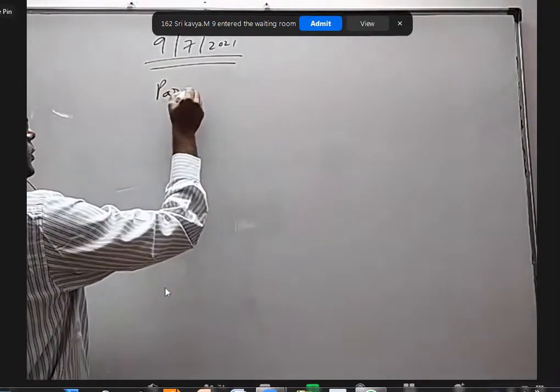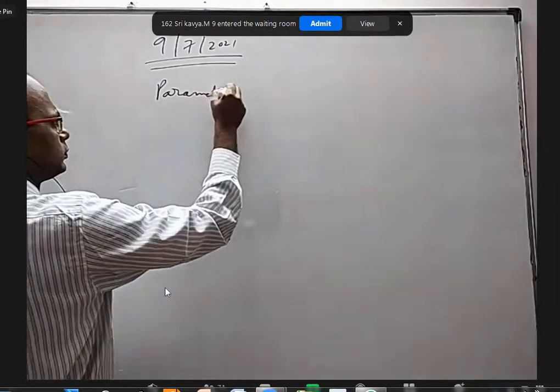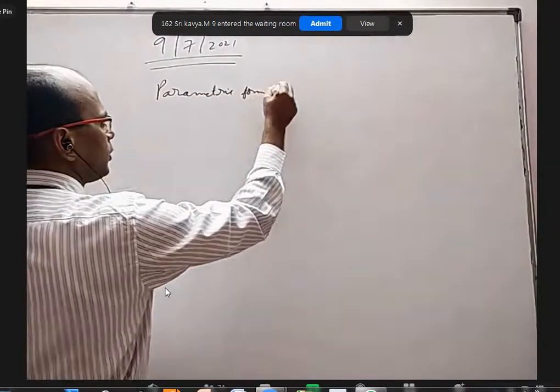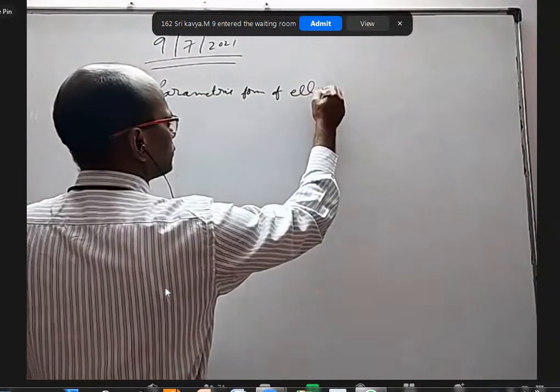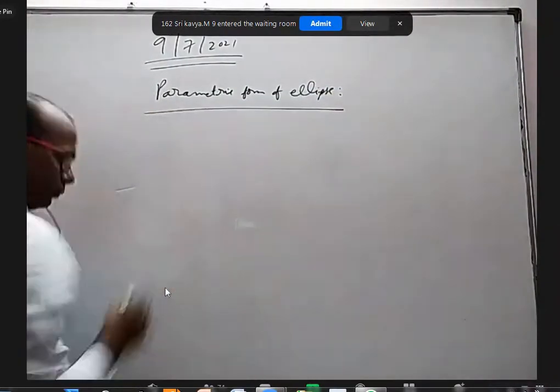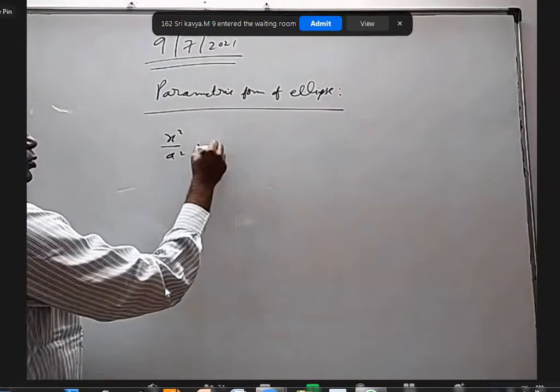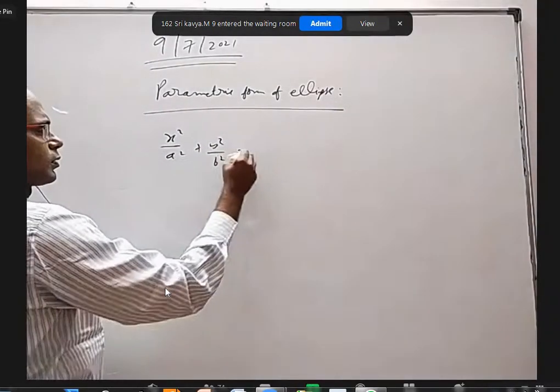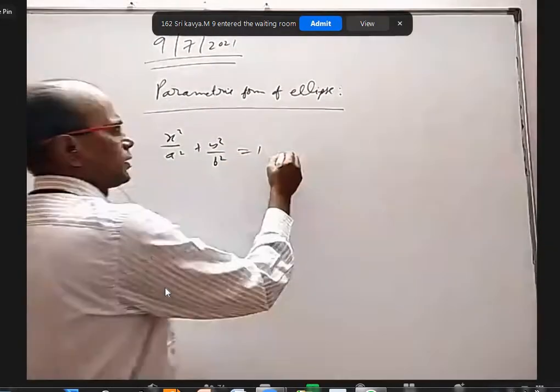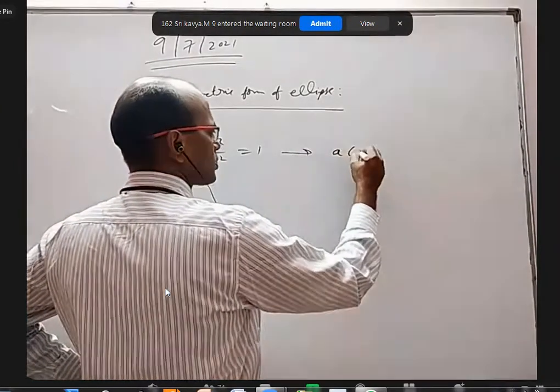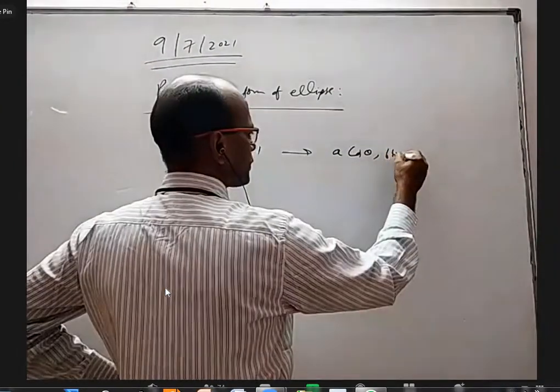Okay, parametric form of ellipse. If you take x square by a square plus y square by b square equal to 1, the general point is a cos theta comma b sin theta.